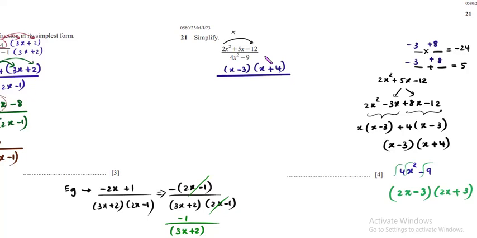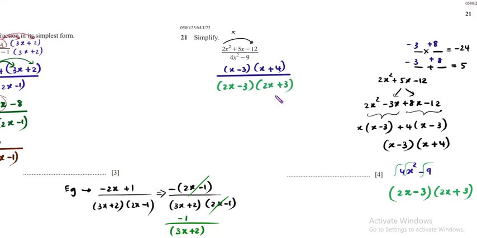Sometimes we will have to take out a common term and then do the difference of squares. But here, as all the terms given are square numbers or squared variables with a minus, we can directly square root and put them inside the brackets like this, into 2 brackets with a minus and a plus. I'm going to put that in the denominator. So I have 2x minus 3 times 2x plus 3 as the denominator.